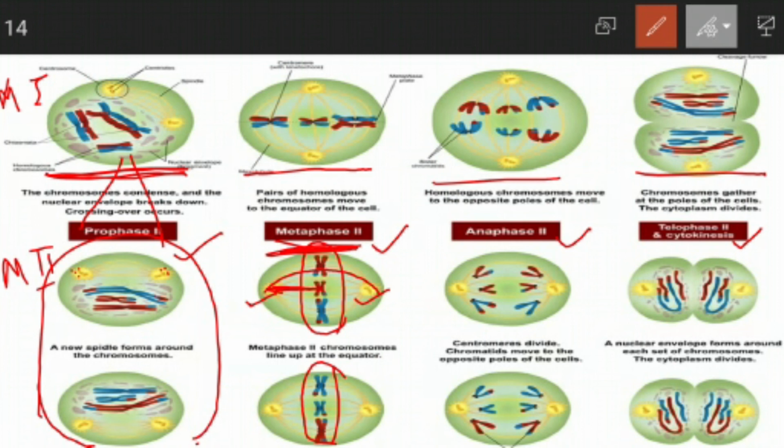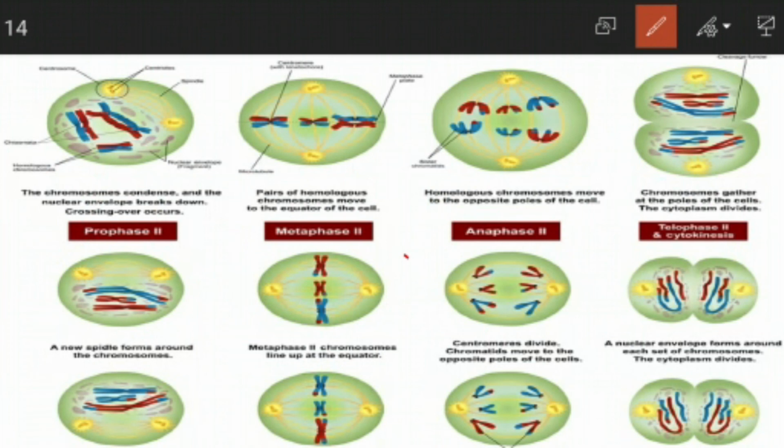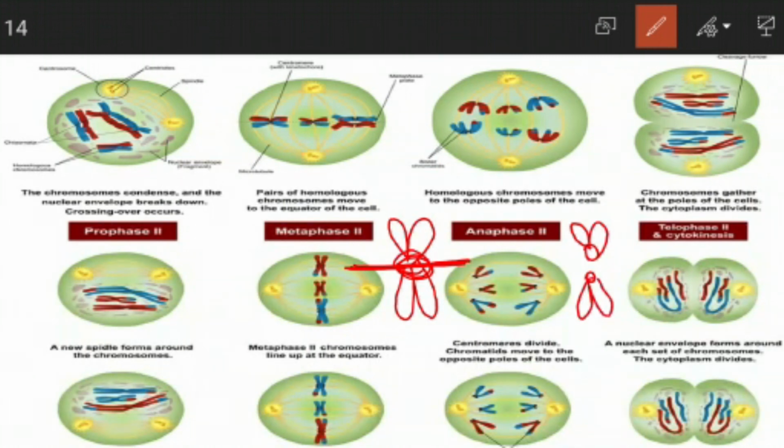Now what happens in anaphase? Suppose this is a chromosome, and this is the centromere. The centromere of the chromosome divides and results in the formation of daughter chromosomes.